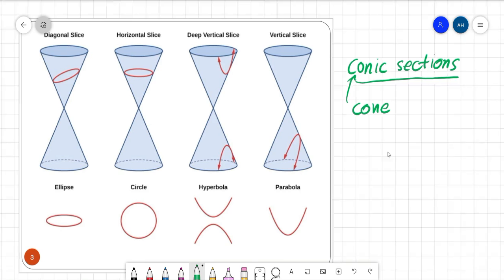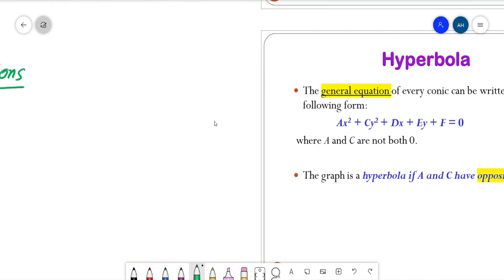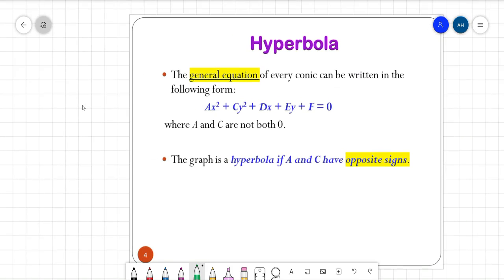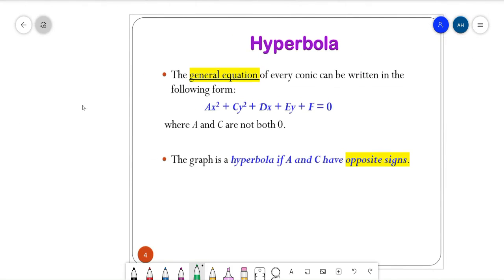So now let's talk about the equation of a conic section. It is very interesting in this part, because any conic section has almost the same general equation. We can put them together. I think the reason is that they are coming from the same object. It is a cone, right?